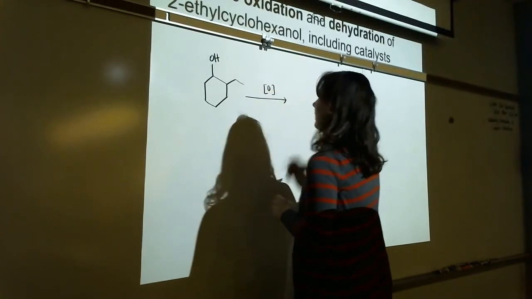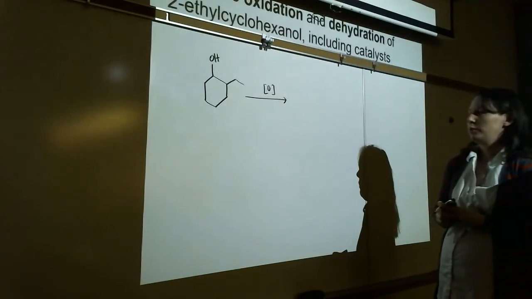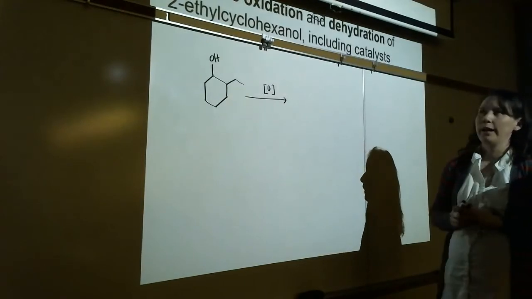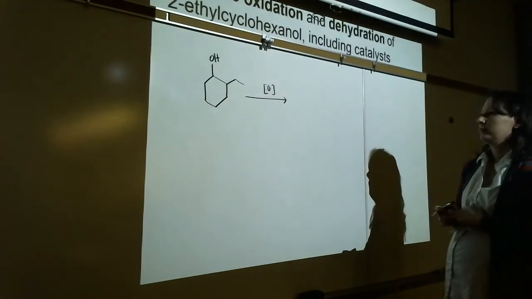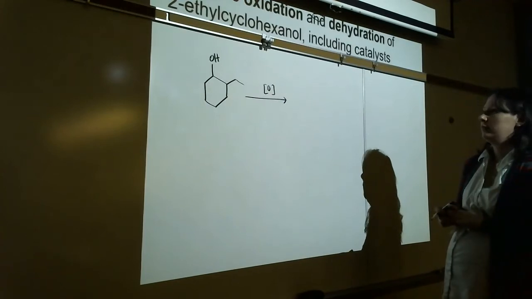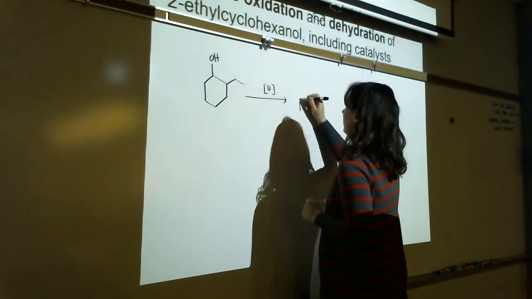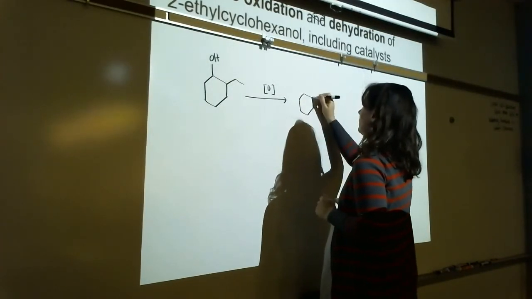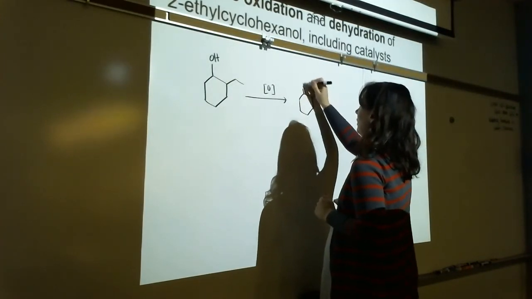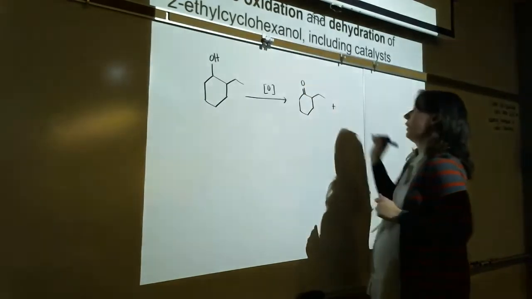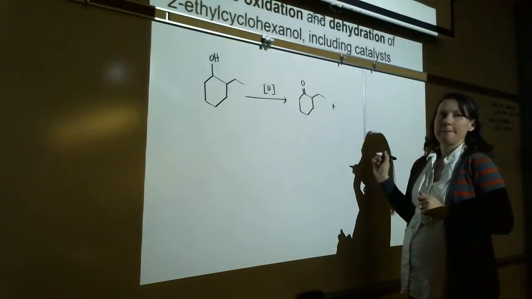I didn't tell you what the oxidizing agent is. So just put O in brackets. Are we getting an aldehyde or a ketone? Ketone, right, because that's a secondary carbon. So my substituent doesn't go anywhere. I get a ketone plus what? H2O.